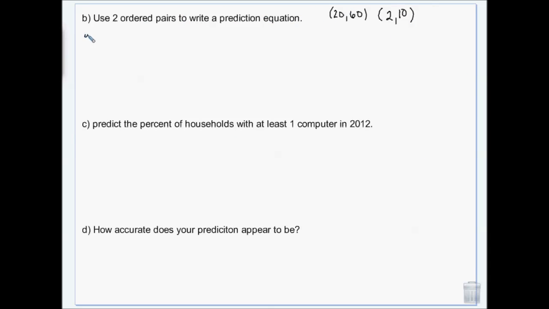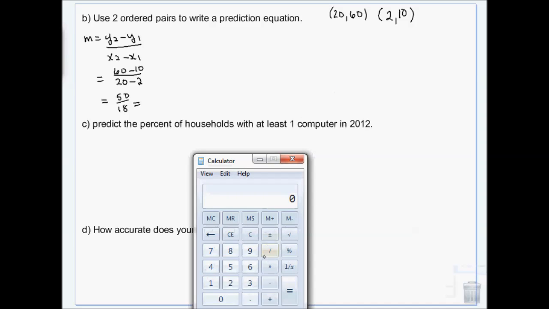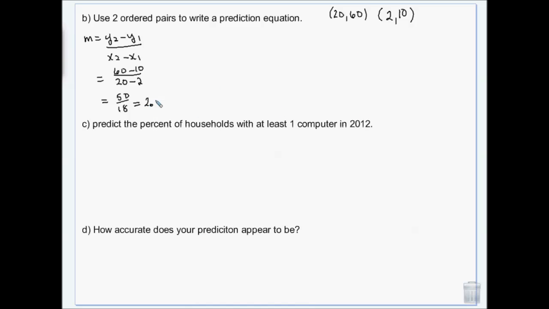Okay, and I'm first going to find my slope. So I'm going to use my slope equation. So I have 60 minus 10 over 20 minus 2, which is going to give me 50 over 18, which is 25 over 9, or 2.8. That's my slope.